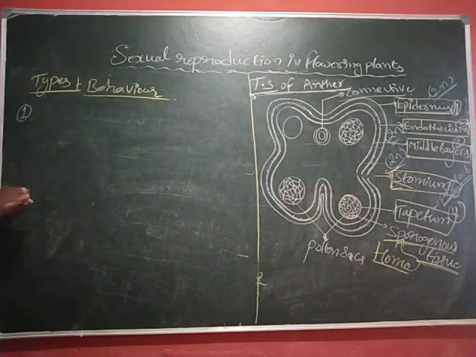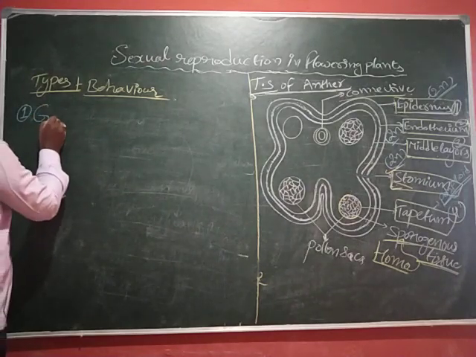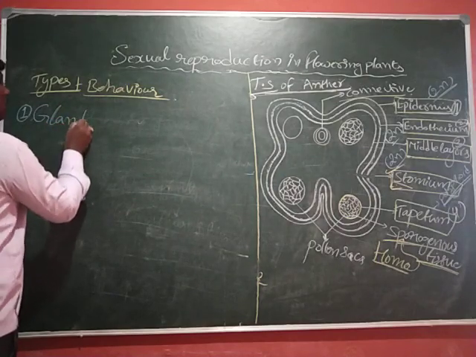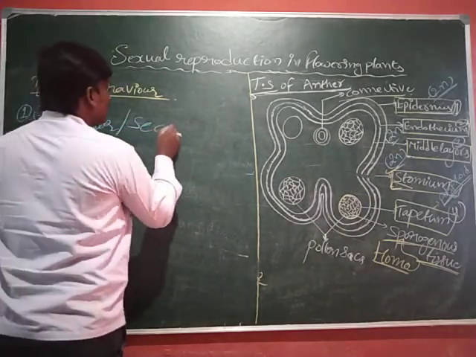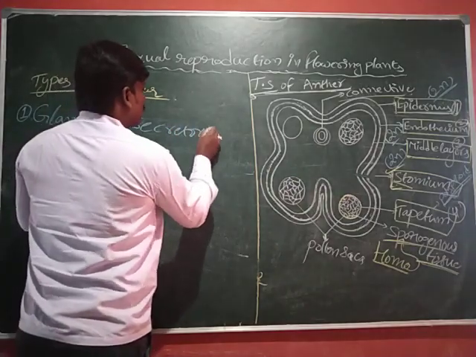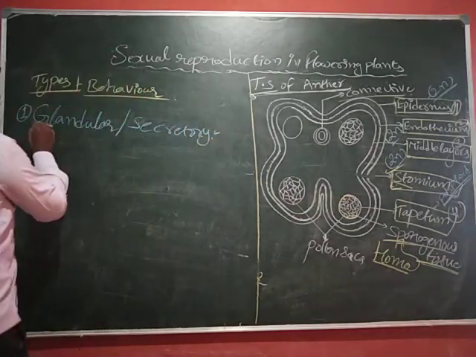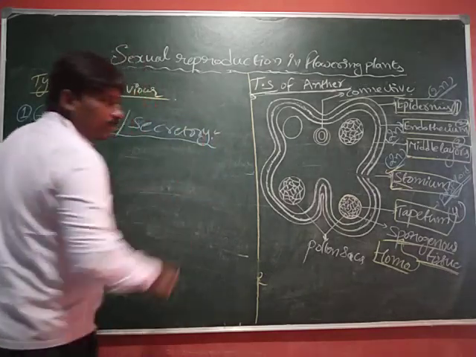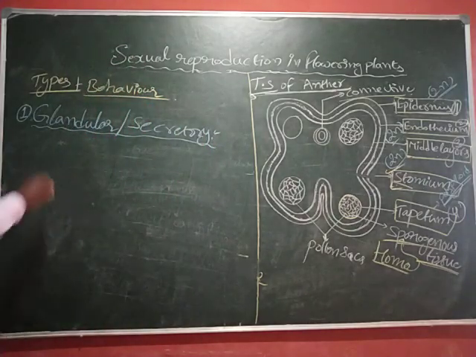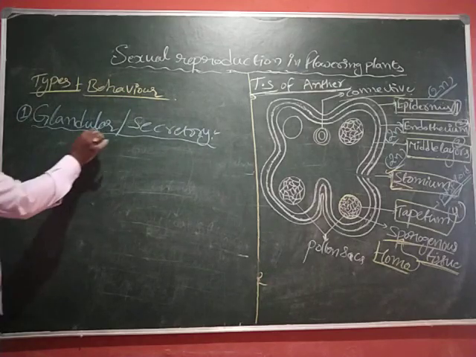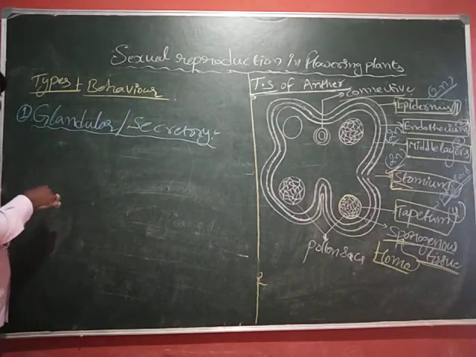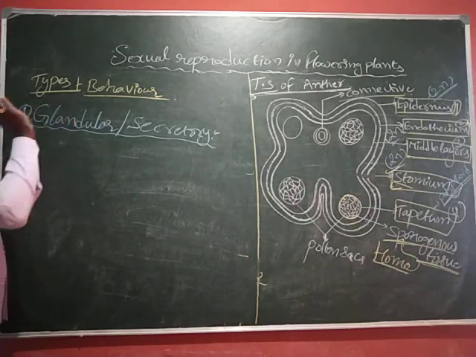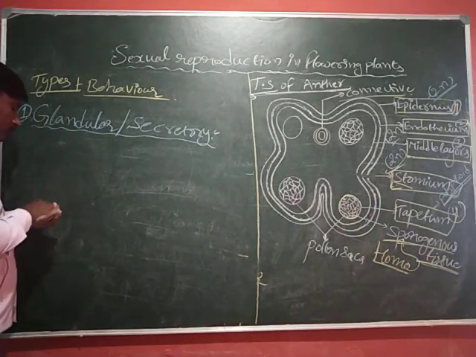Glandular or secretory tapetum is the most common type in angiosperms. This glandular or secretory tapetum is generally most common in angiosperms.